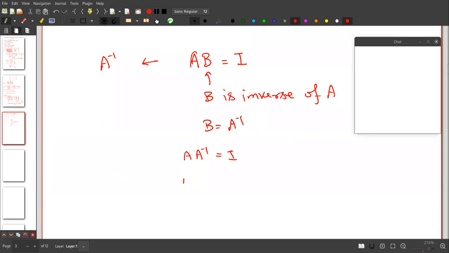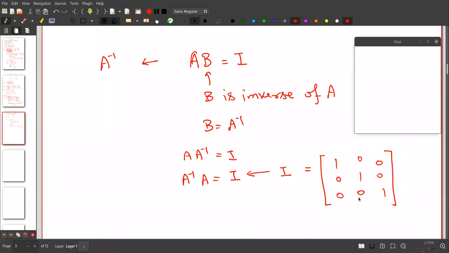Commute means you can change the position, and this again remains the same, identity. So everyone remembers what identity matrix is. Okay, so I'll just write it down. So identity matrix is ones on the diagonal and 0 everywhere. So if you multiply a matrix by some matrix and if it gives you identity, it's the inverse of that matrix. Fine.